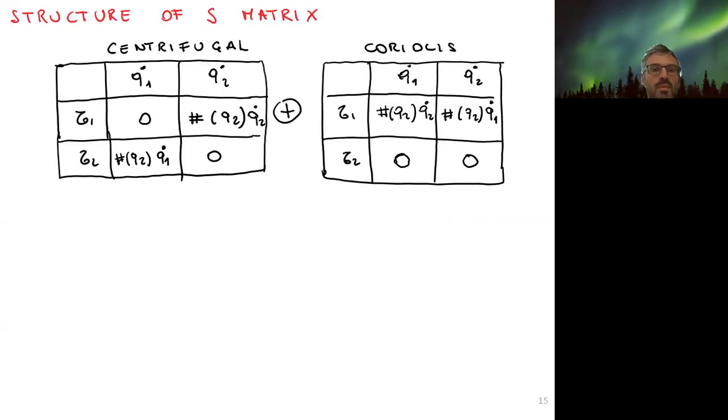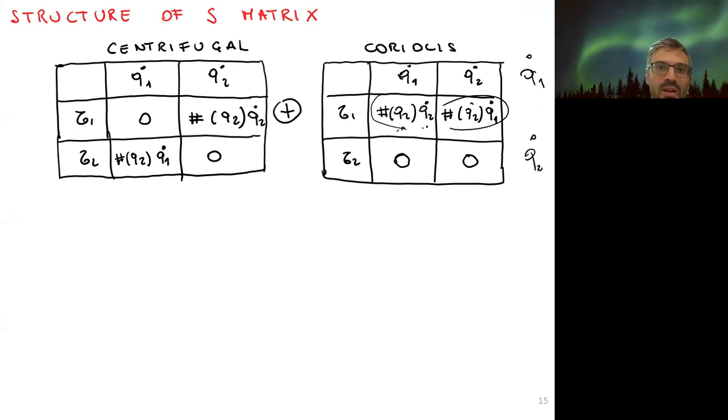And wrapping up everything, whatever we said, we have this. We have a Coriolis only on joint 1, and the dependency on both joint velocities. Sorry, this is the S matrix. So you remember you need to multiply this S matrix by the velocity.